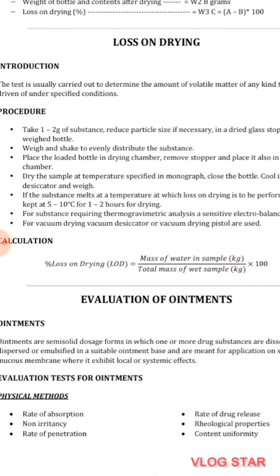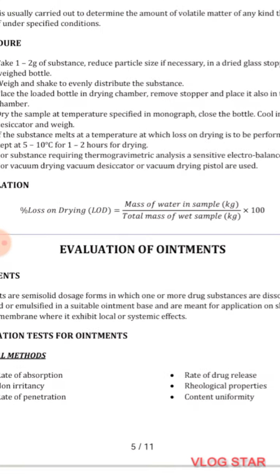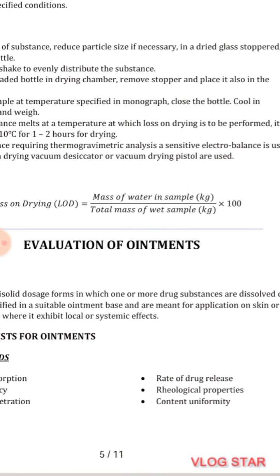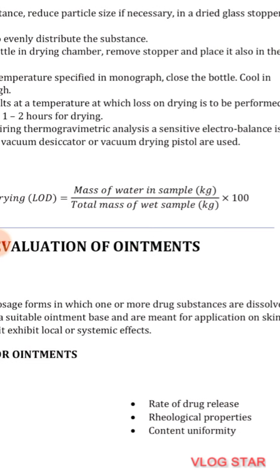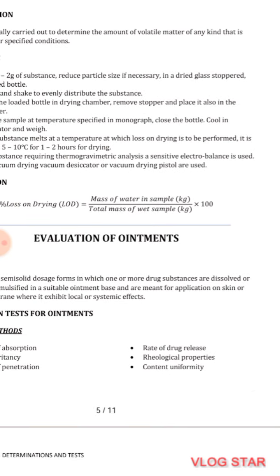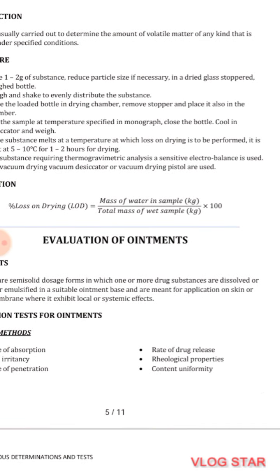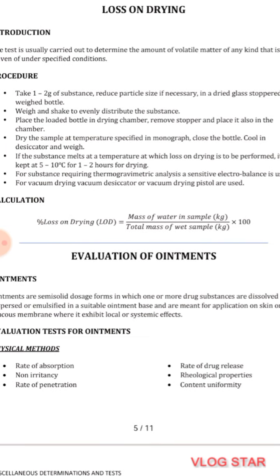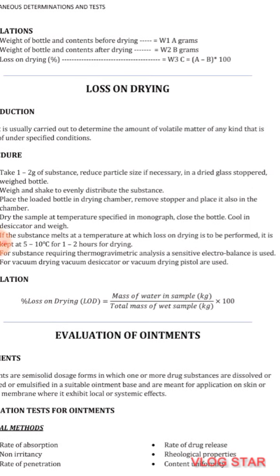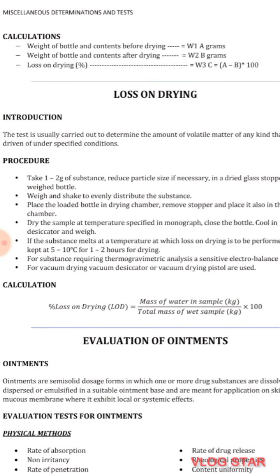Here, when this whole process occurs, you have loss on drying, the mass of water in the sample divided by the total mass. I will tell you a very simple process you can do by yourself. First you take your substance and wet it.